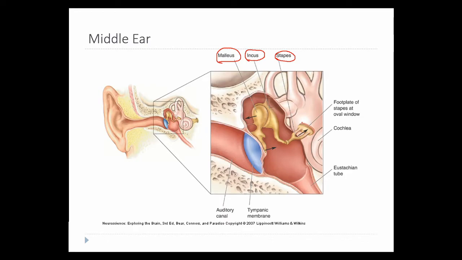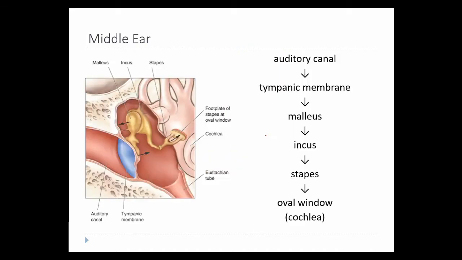So the inside of the cochlea is filled with fluid, as we'll see, and if a sound wave were to directly hit the oval window here, the energy from that sound wave wouldn't be enough to transmit the vibration into the fluid of the cochlea. So the middle ear bones' job is to amplify the intensity of the sound wave enough to be effectively transferred to the interior of the cochlea.